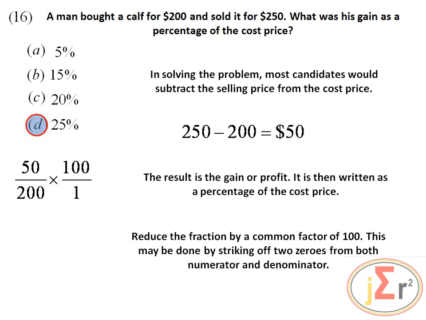This may be done by striking off 2 zeros from both numerator and denominator, as usual. Then all we have left is 50 divided by 2, and that results in 25%, confirming that the first attempt on the problem is actually correct.